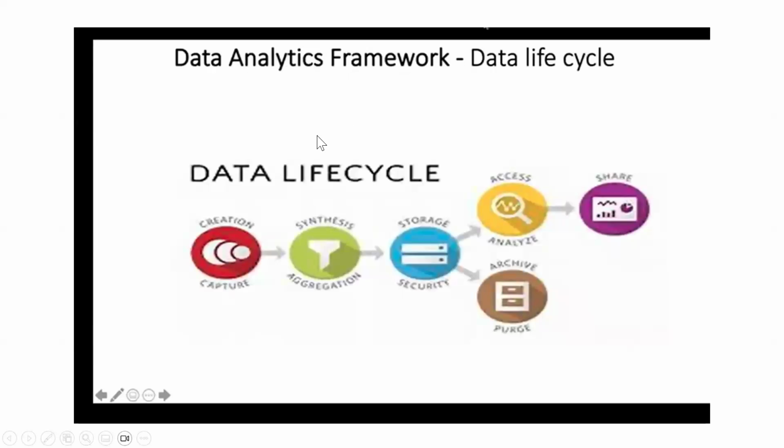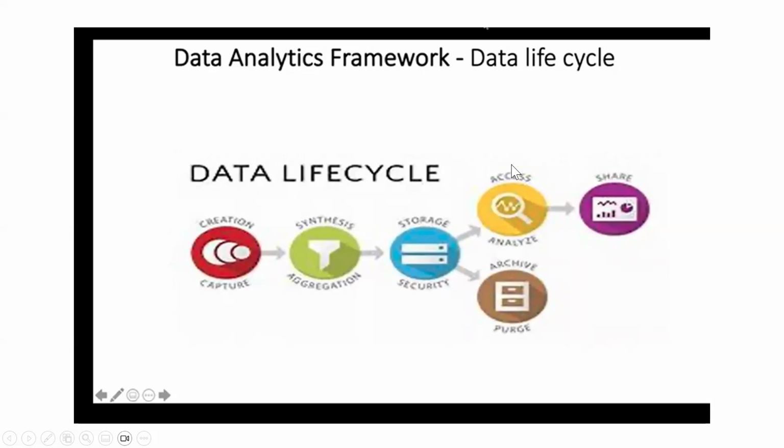Yeah, this is the data life cycle diagram that I was telling us about. One of the first keywords that we have was data life cycle, isn't it? So the first part is where the data is created or captured. Then it is synthesized or aggregated, stored, secured.